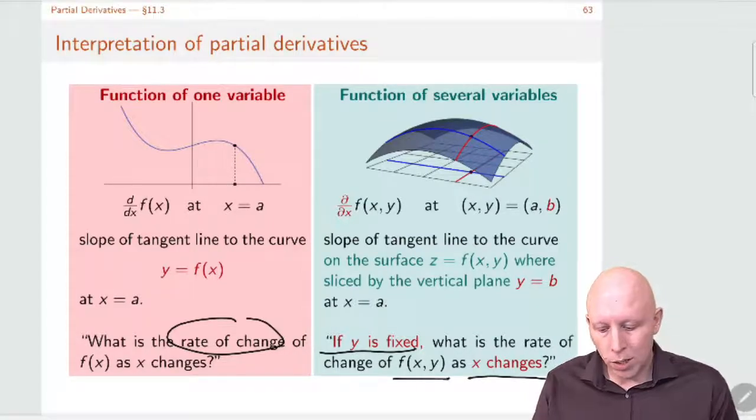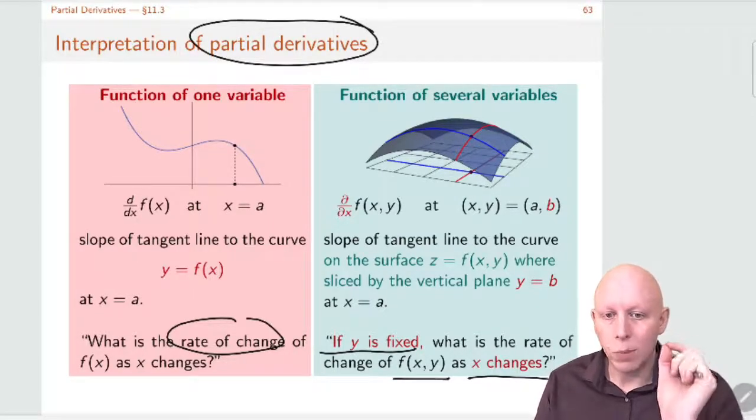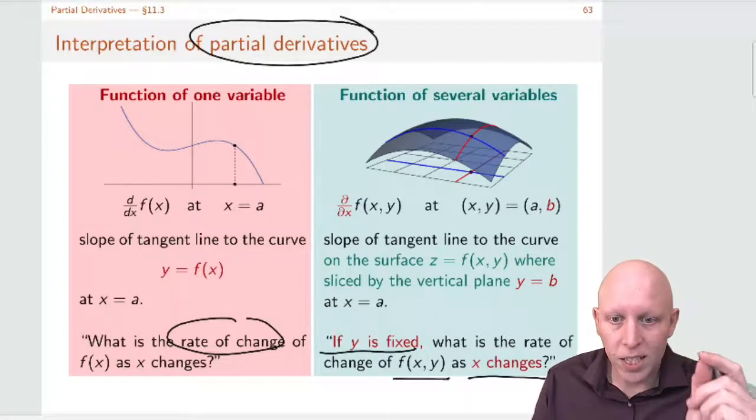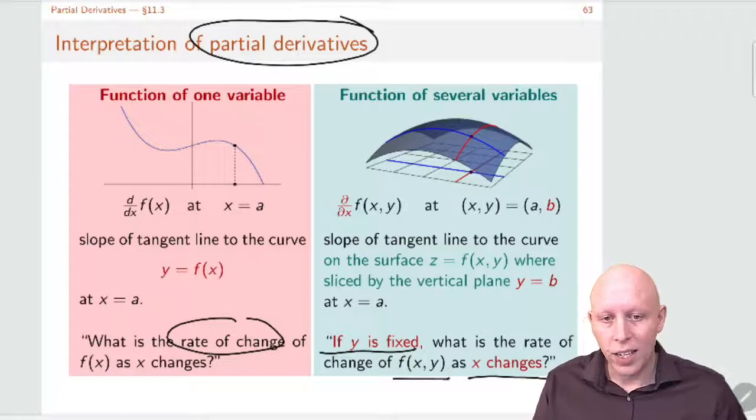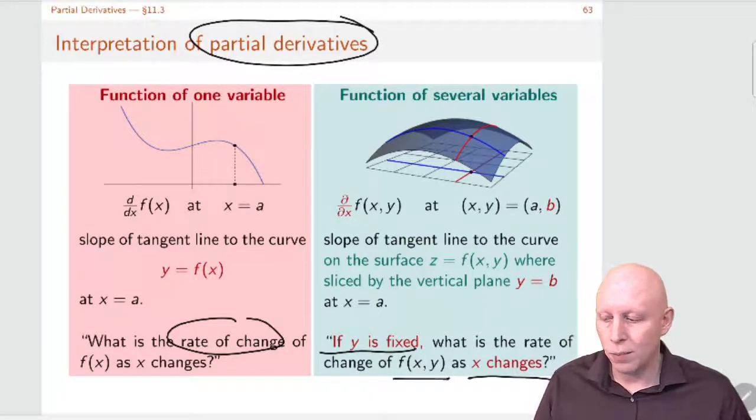So when we're talking about these partial derivatives, we're saying, let's fix a value of y and see how x is changing at that spot.